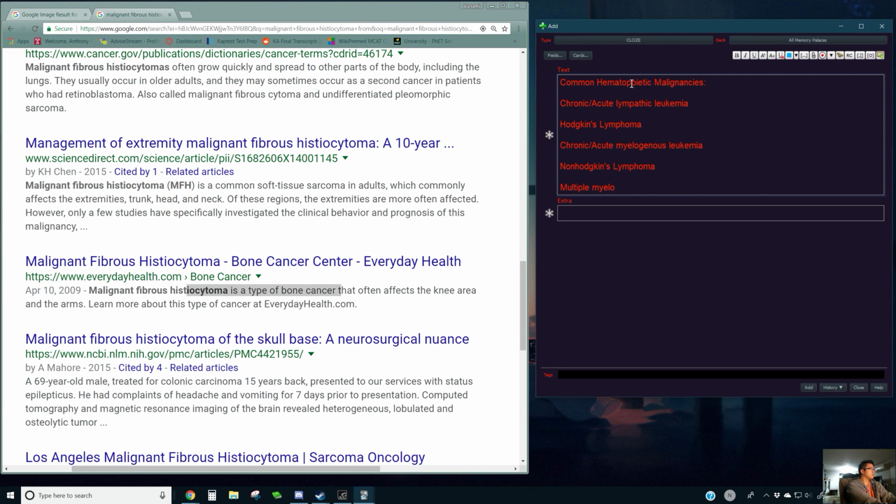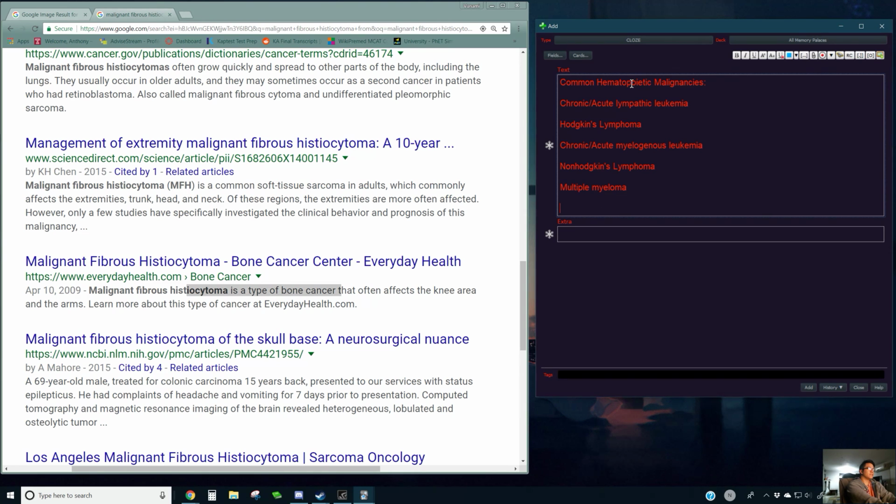What's the answer? Oh, just myeloma. Anything else I'm missing? Nope, that's it.